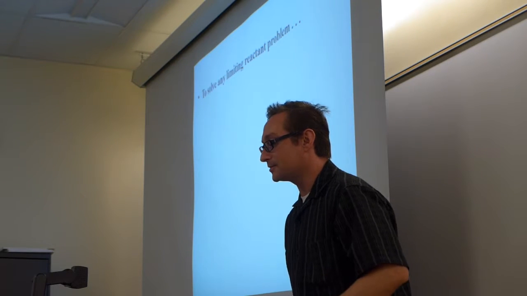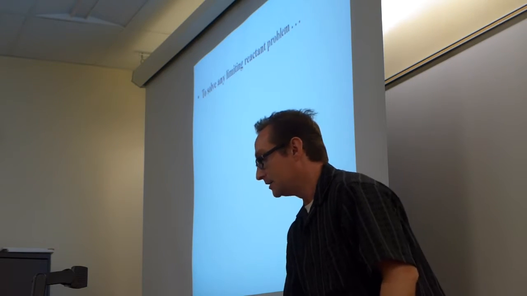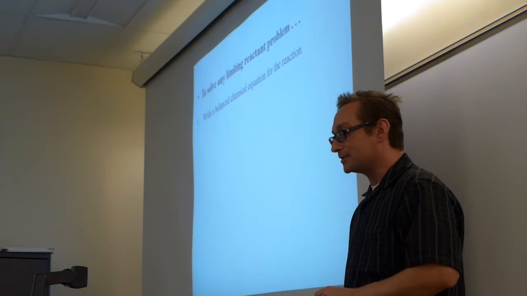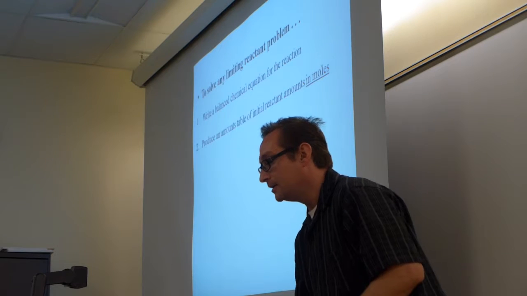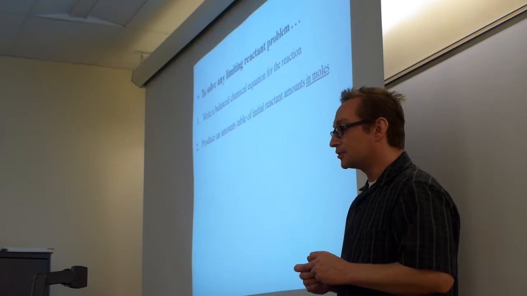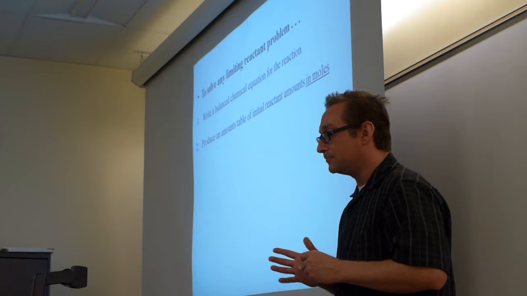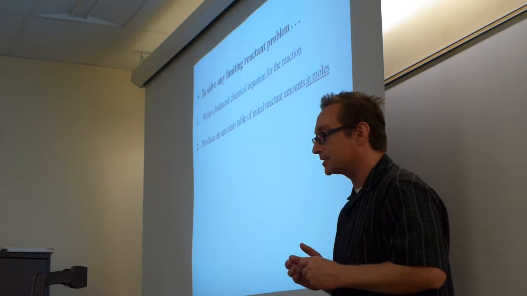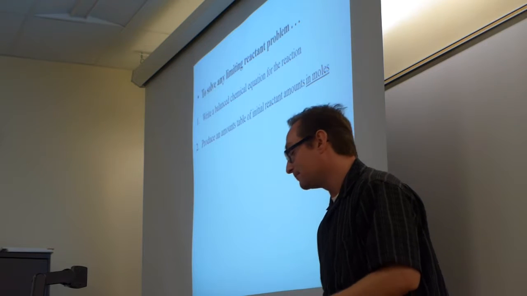So for any limiting reactant problem, it starts just like normal. Write a balanced chemical equation. Produce an amounts table of initial reactant amounts in moles. So this is going to be different.